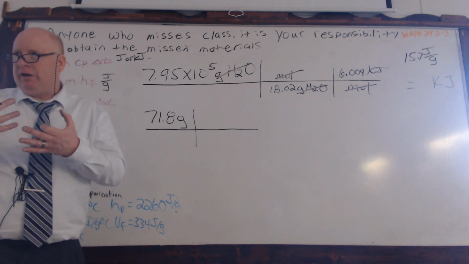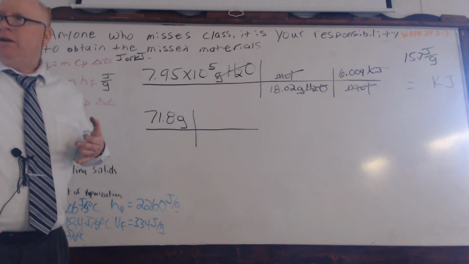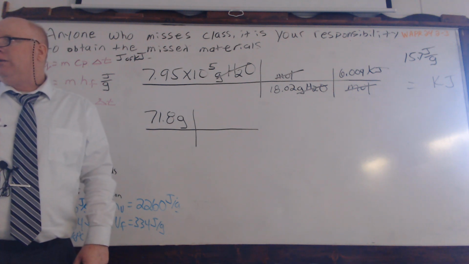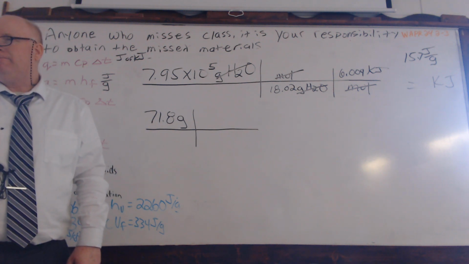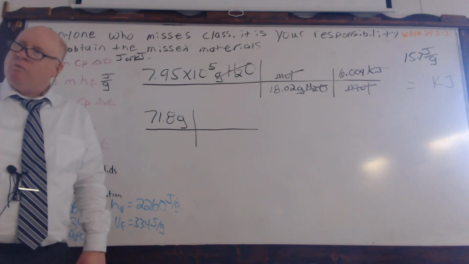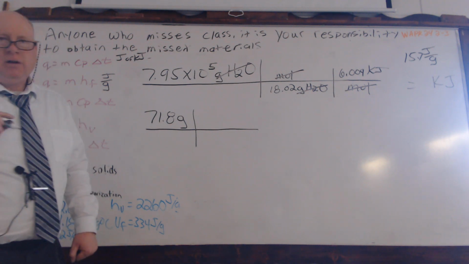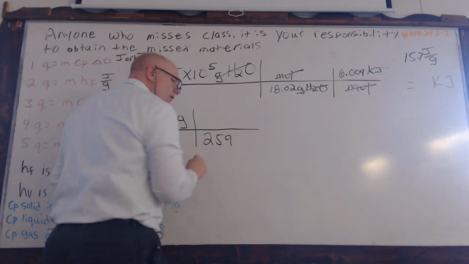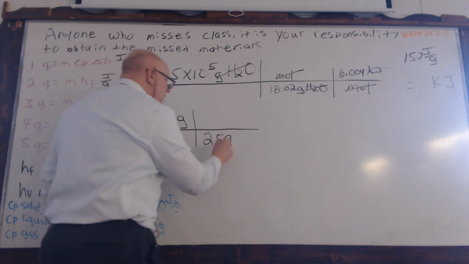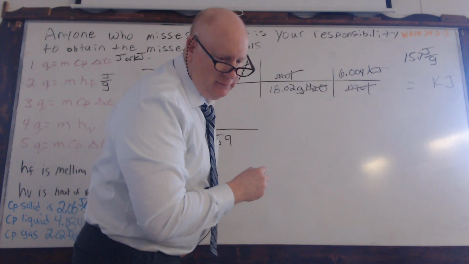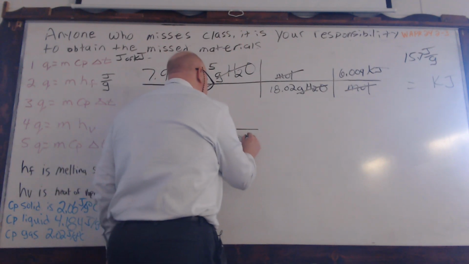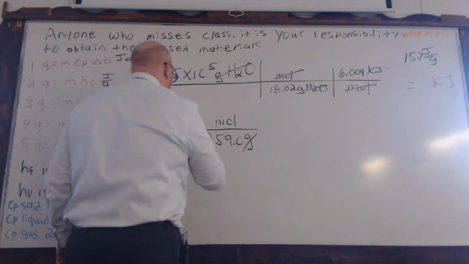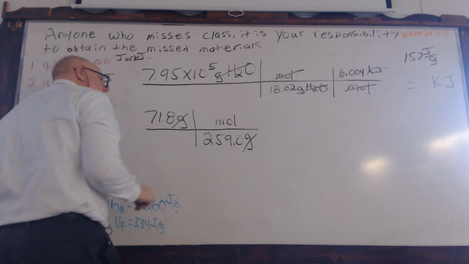Grams to mole. Put 259 on the bottom. You're correct, but why would you do that? That's how many grams you got. Right, because we want to find the number of moles first. 259 grams for every mole. So now these grams are gone, and you're just left with moles.